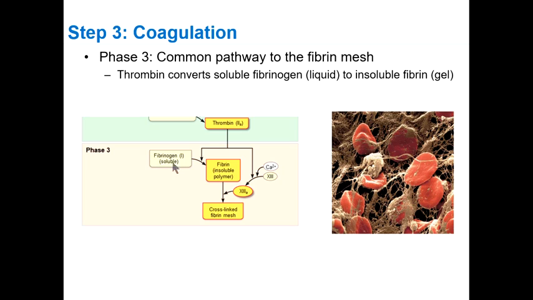That means it's dissolved in the blood plasma. Thrombin converts fibrinogen to fibrin, which is insoluble. It's like a gel. So this liquid fibrinogen gets converted into this fibrin gel, and look at it. It's like a net or a mesh, which will adhere to these platelets that are all sticking together and help form that blood clot. So there's your 3 phases of step 3, coagulation.